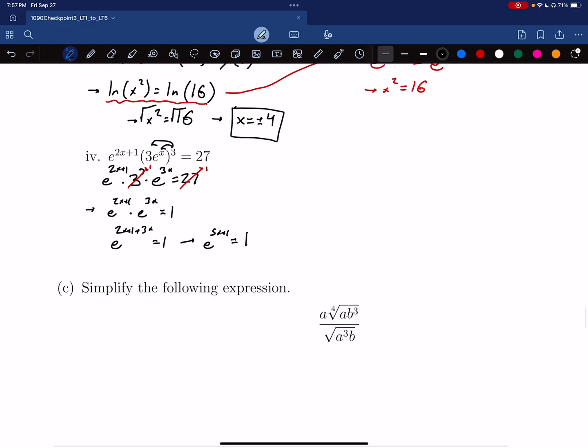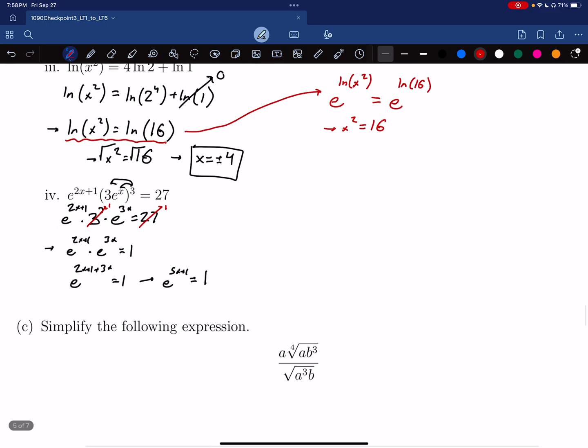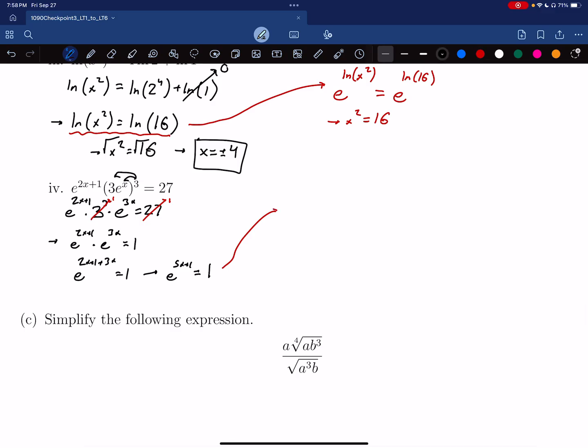And then let's take the natural logarithm of both sides, kind of like we did up top, just a little bit in reverse, or as we did in part 3. So we will have natural logarithm of e to the 5x plus 1 equal to the natural logarithm of 1.